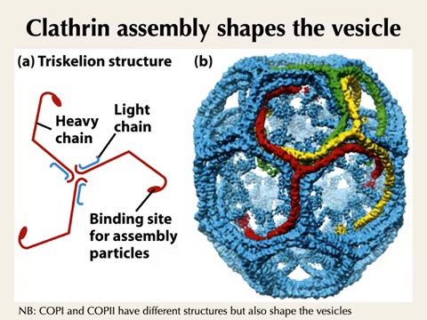It achieves 2 things, at least. One of them is through these sites here, which are pointing internally, it helps bind with specific components towards the membrane side. But then the shape itself, when these triskelions further multimerize, they start making this vesicle shape. So you have a direct relationship between the structure of the proteins, the multimeric complex, and the vesicle forming.